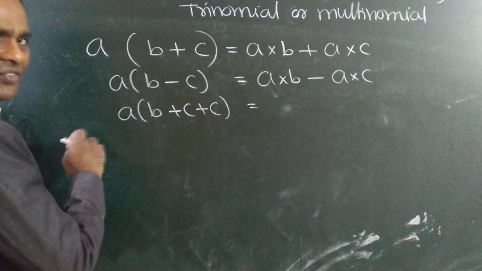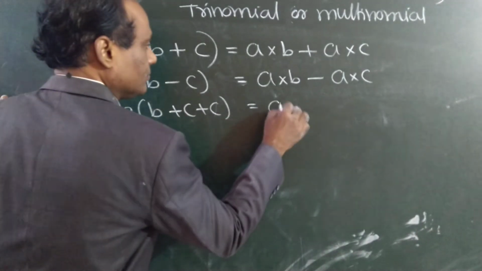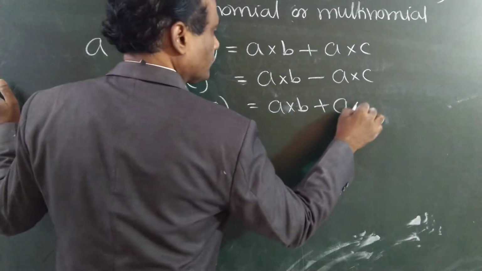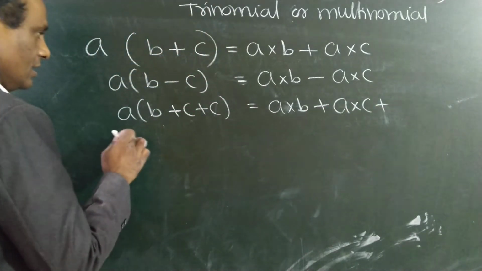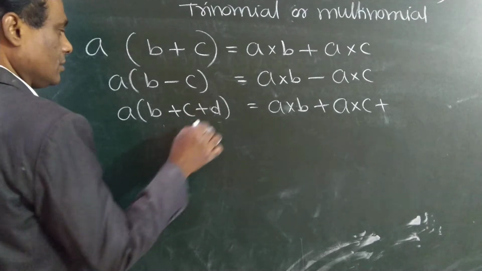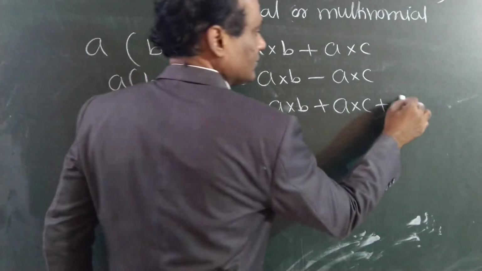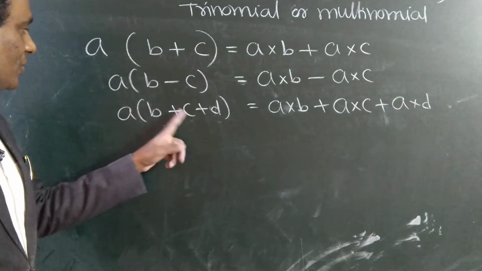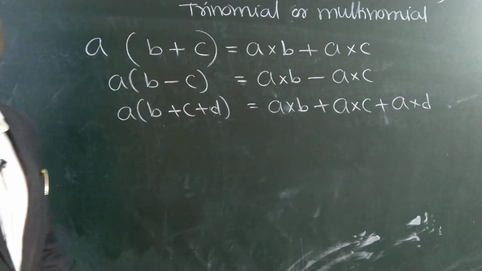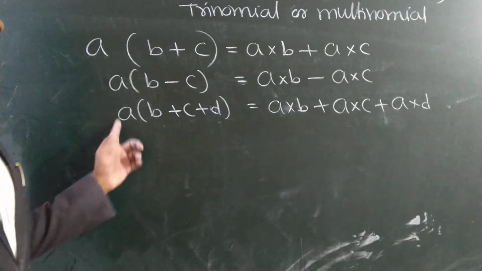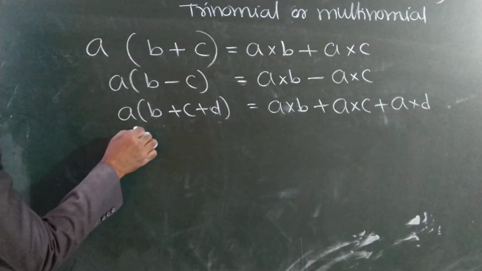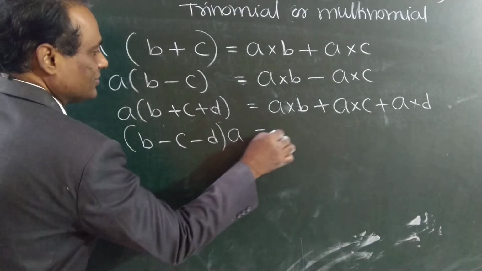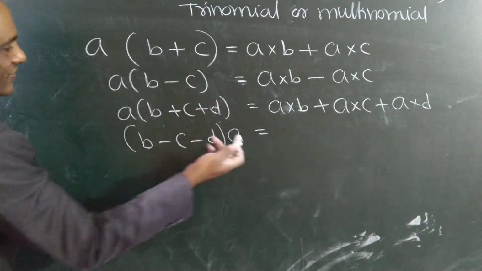This is the multiplication for all: A into B, A into C, A into D. Suppose if this is this side, same meaning: B minus C minus D into A. Even if it is this side or that side, both are same.